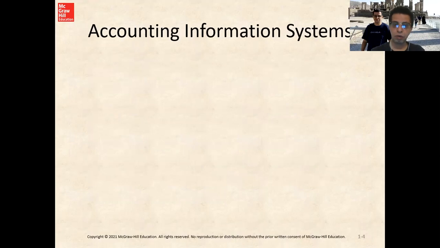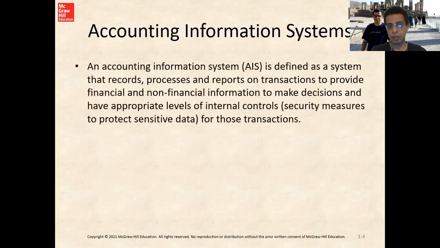In the AIS, or accounting information system, what is it? An accounting information system is defined as a system that records, processes, and reports on transactions to provide financial and non-financial information to make decisions, and has appropriate levels of internal control, like security measures to protect the sensitivity of data.